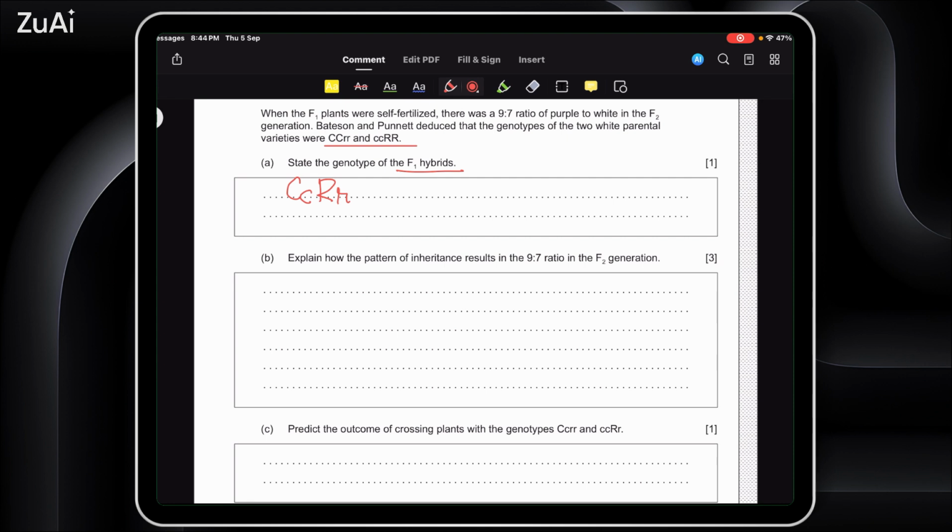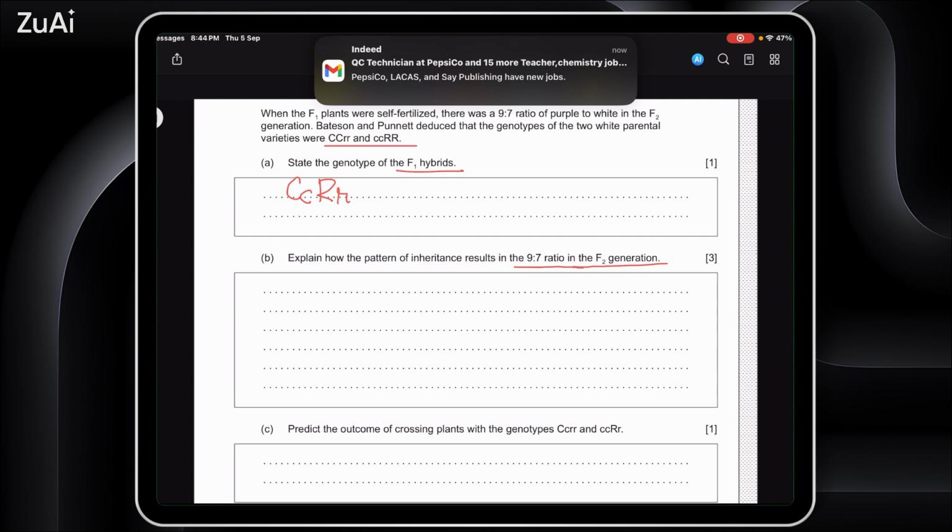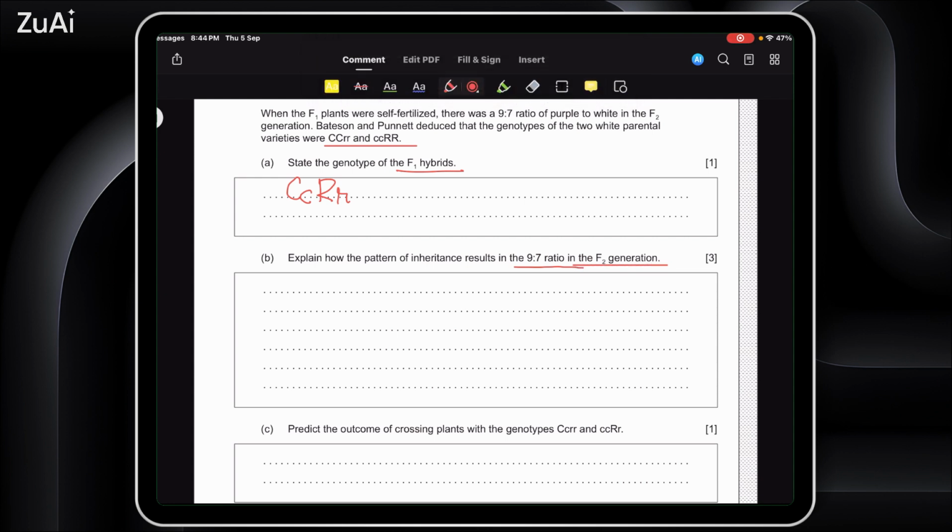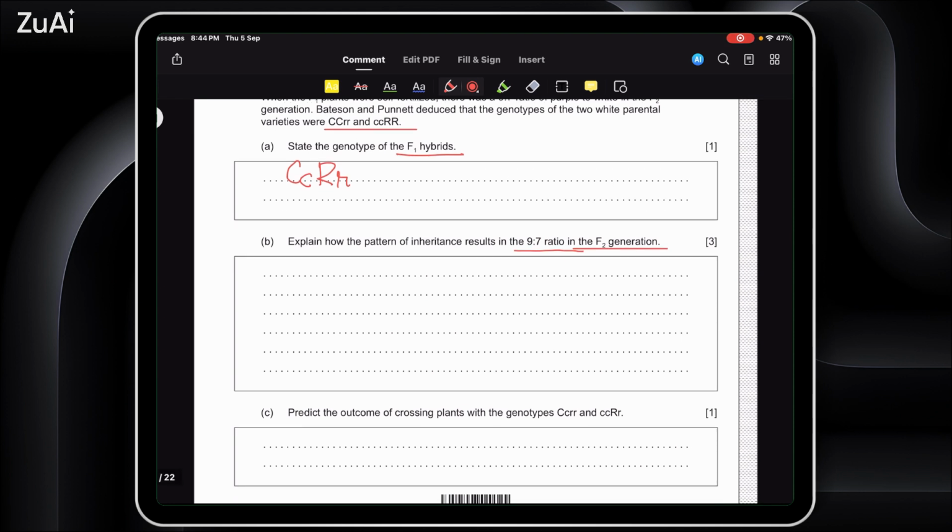Explain how the pattern of inheritance results in 9:7 in the F2 generation. So we have to make the cross.